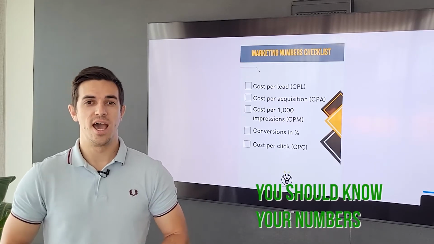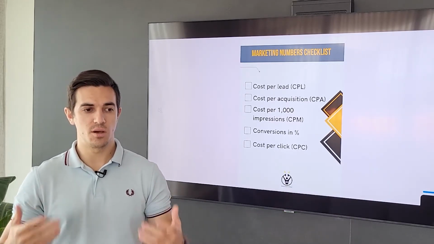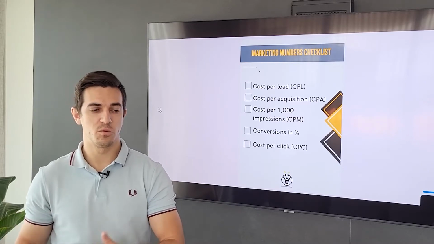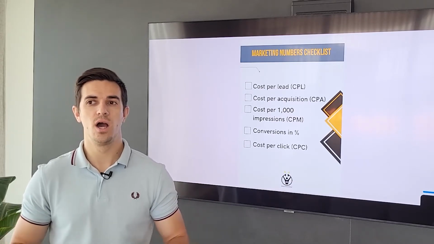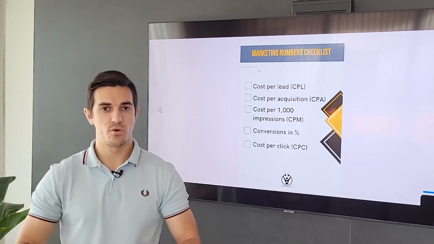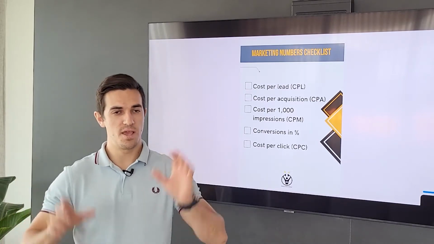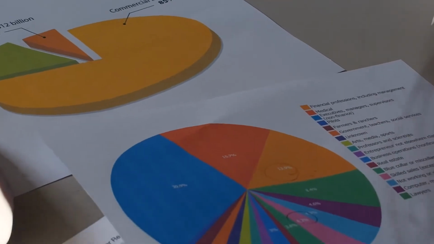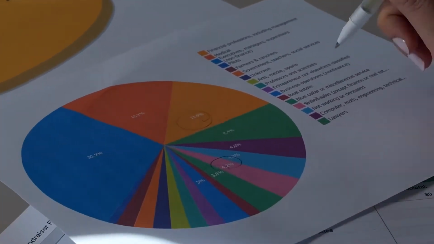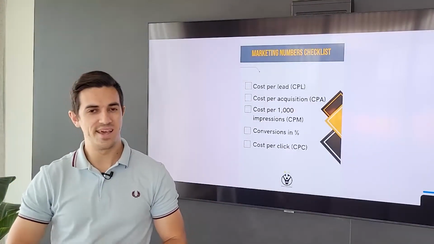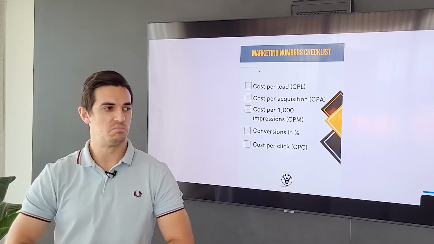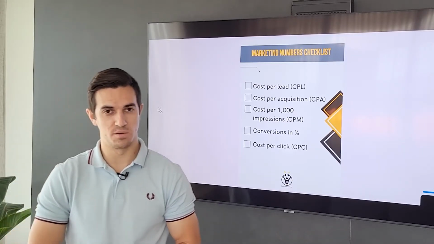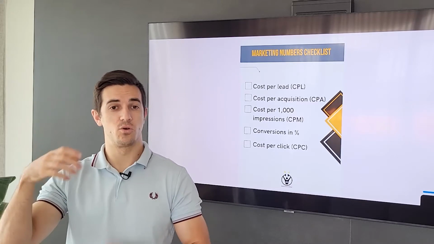And when it comes down to numbers, or customers, most likely you already know how much you want to make per month or per year, right? So based on that number, let's say you know that by the end of the year you want to make $200,000, for example, or $100,000.